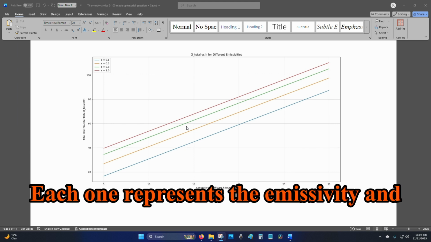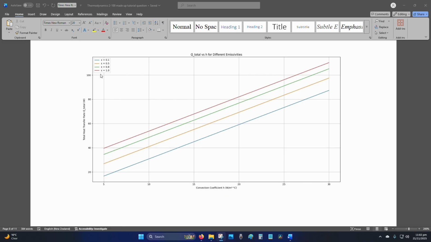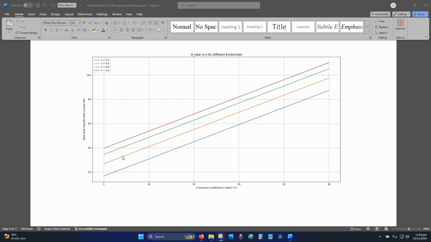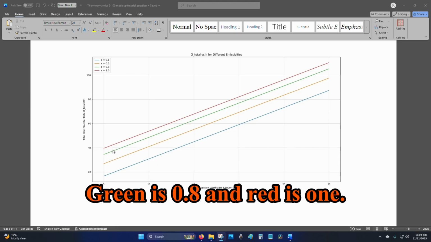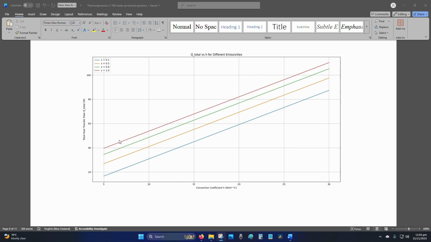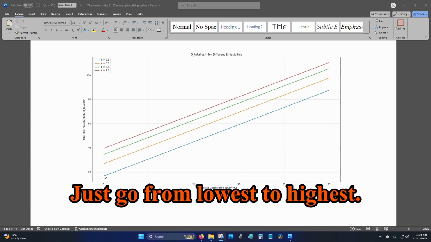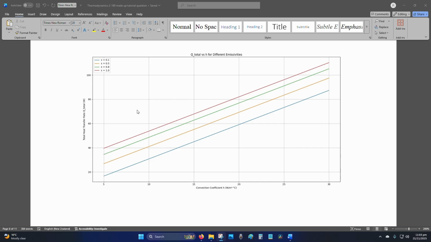Each one represents the emissivity, and they've got color coded. So blue being 0.1, yellow is 0.5, green is 0.8, and red is 1. Apologies if you're colorblind. Just go from lowest to highest.